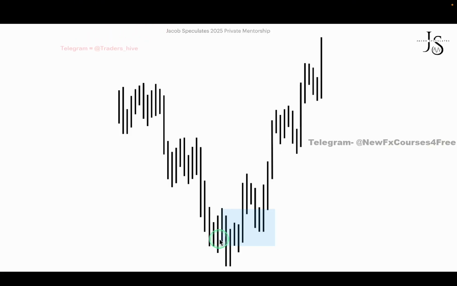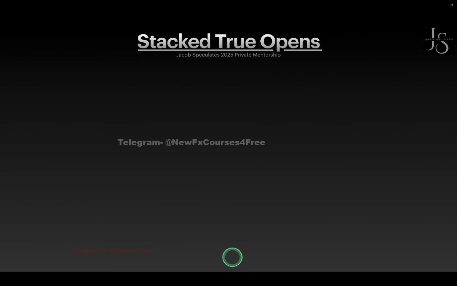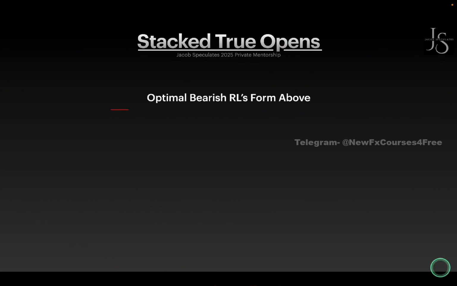If you go back and look at every high probability reversion level that worked and that gave a really nice run on price, you will see the same characteristic. So reversion levels and TPDs act as the vertex of market maker models. But filtering it out and adding something that's required so you know when it's high probability is stacked true opens.